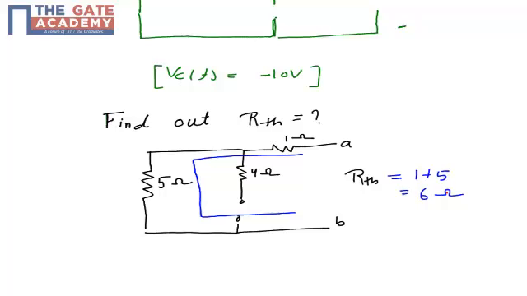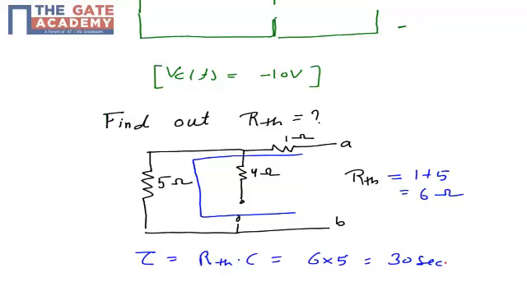So I know that my time constant is RTH times C, which is 6 times 5, equal to 30 seconds. So the time constant of the circuit is 30 seconds.